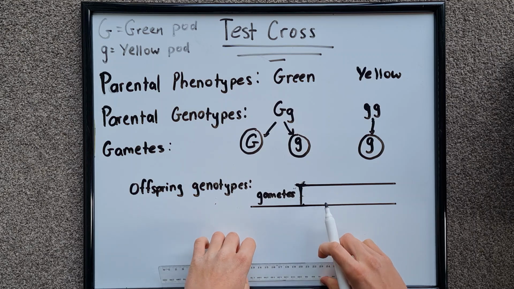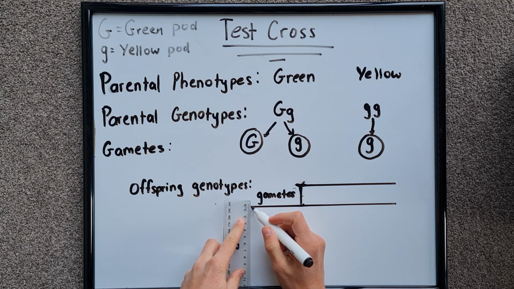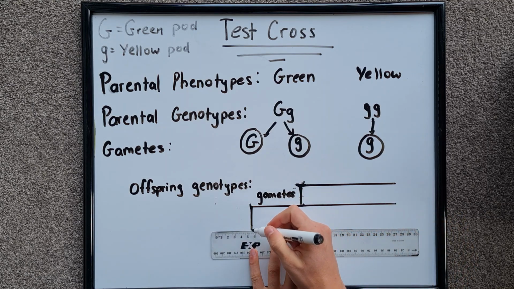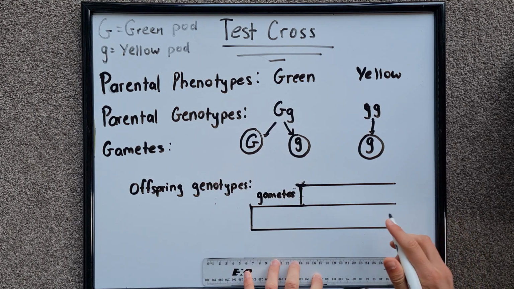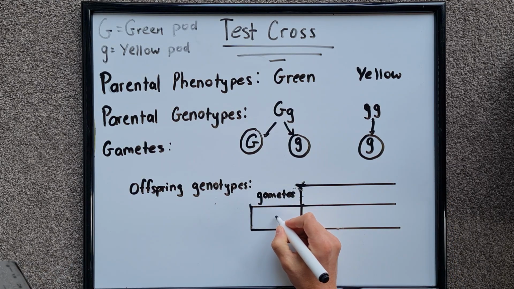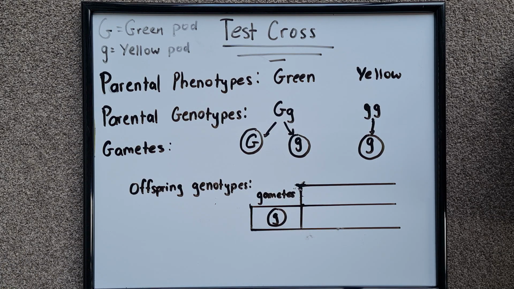What that's going to be is that recessive allele gamete, so it's going to be a lowercase g and it's encircled.